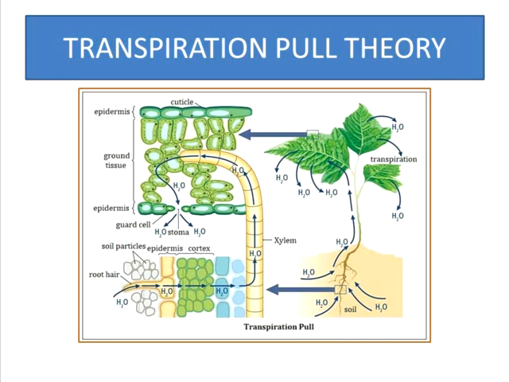How does the movement occur from the root towards the leaves? The cohesive force between the water molecules and the adhesive force of the water column sticking to the surface form a continuous water column.